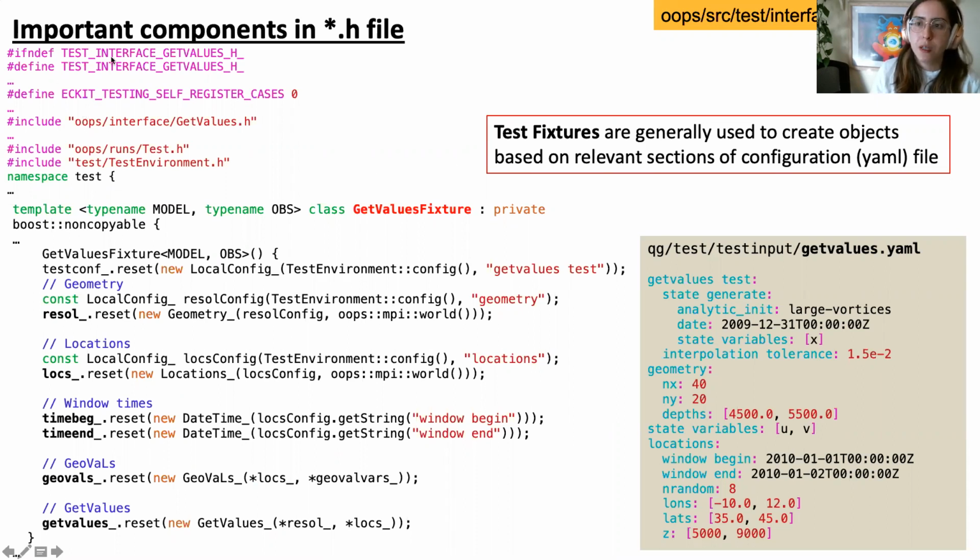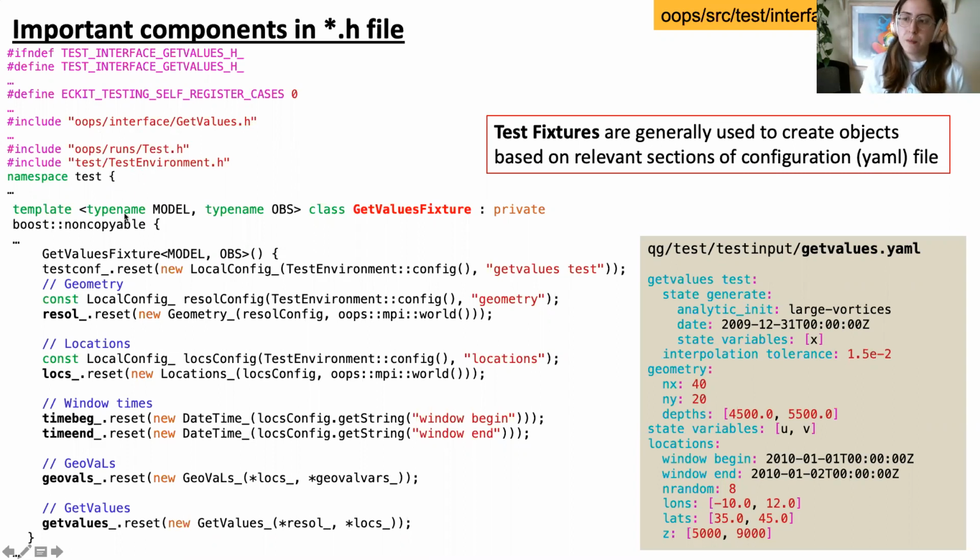At the top of the .h file, we have the include files. I just put some of them. For example, this refers to interface getValue.h. And then we need to have test.h and also test environment.h in our header files.